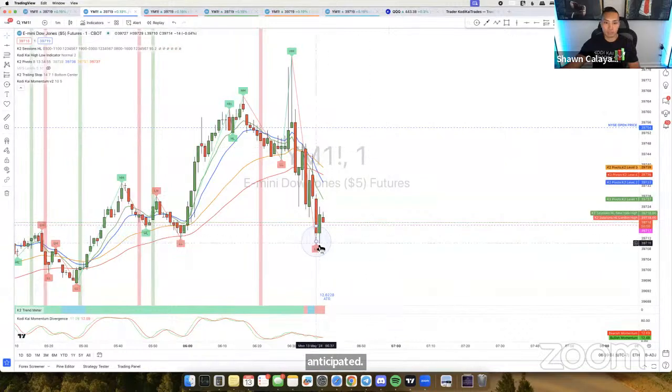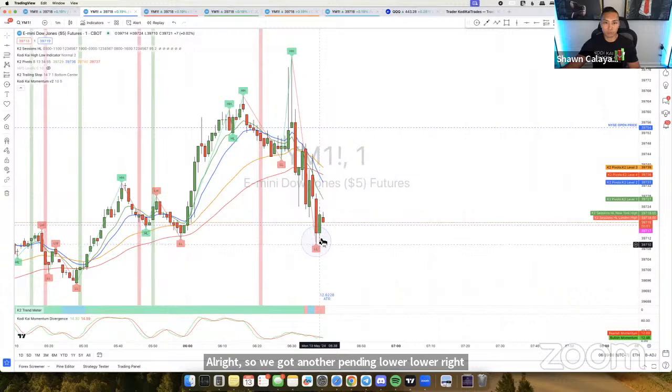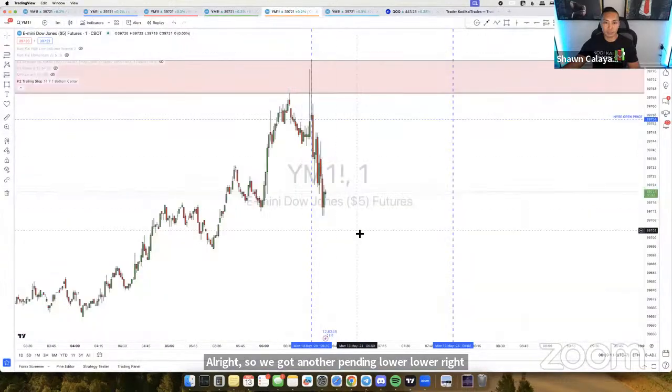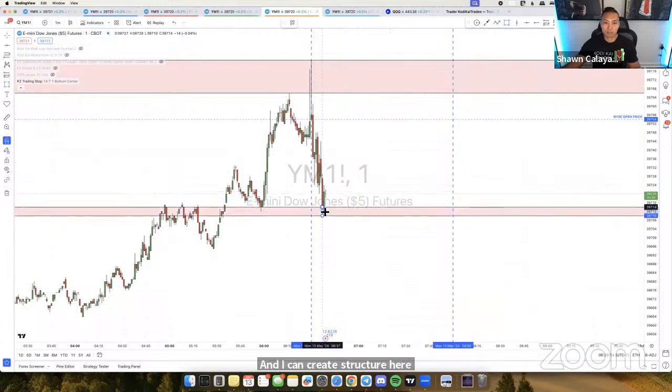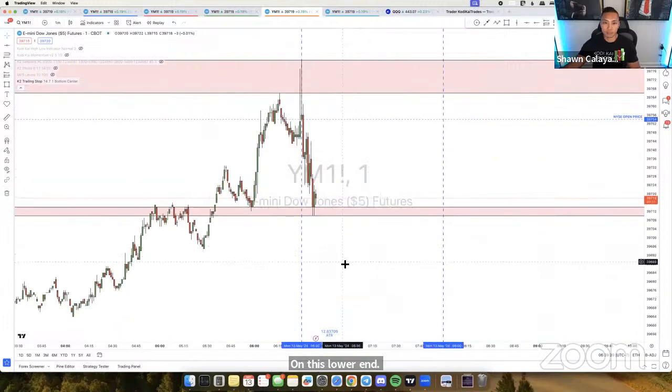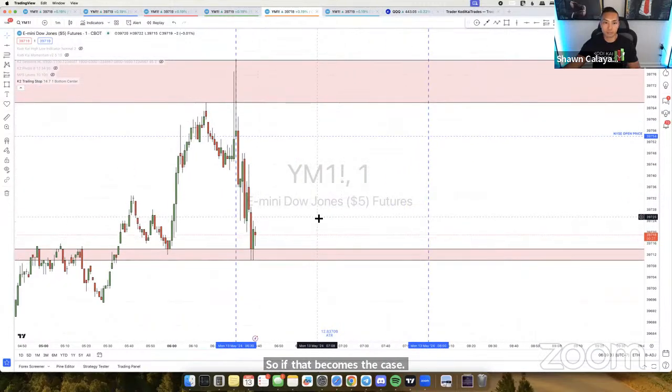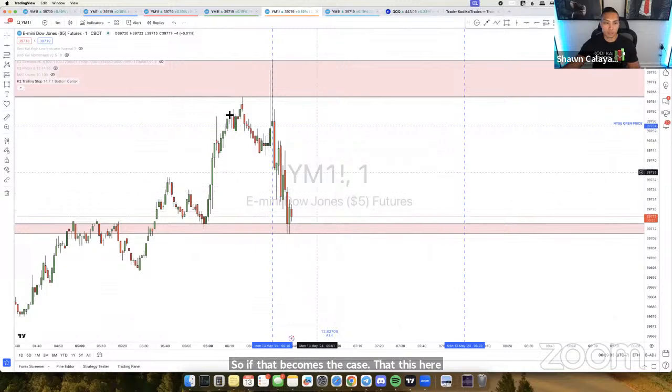All right, so we got another pending lower low right here. Once we get a new high, this lower low will be established, and I can create structure here. So if that becomes the case, then this here could be the current range for today.